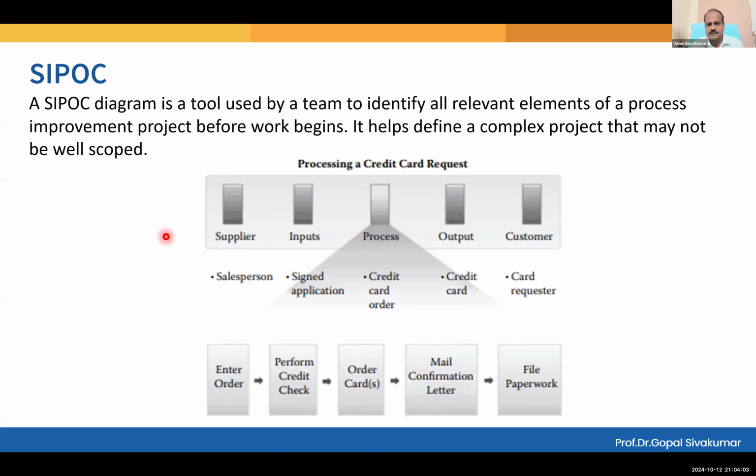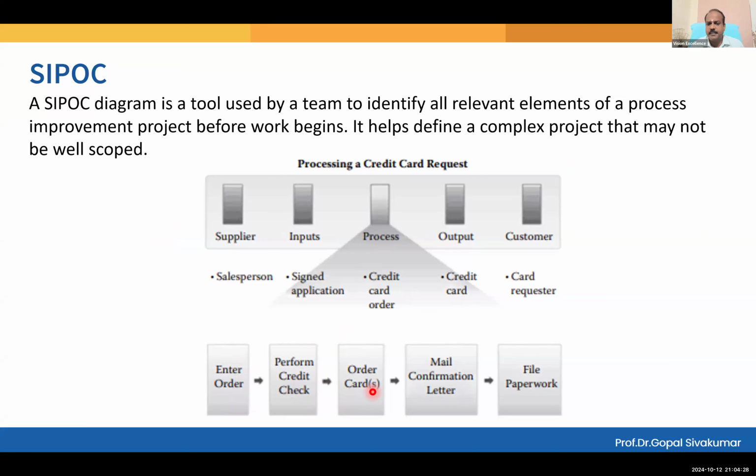See here, what is the process? The process is processing a credit card request. The client has submitted a credit card application. The order details are entered in the computer. After entering the order details, the credit check is performed, the CIBIL score and other things. Once it is satisfactory, the card is ordered.